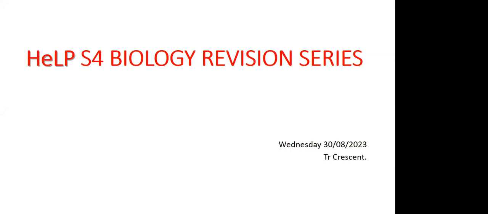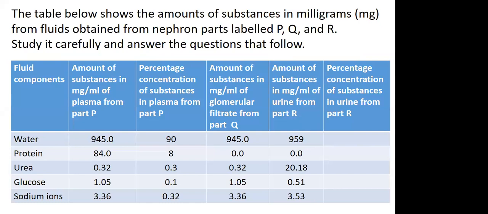So here is the question. We are going to read it out together, of course, quietly from your ends, and then we see how to go about this question. So this question goes as follows.